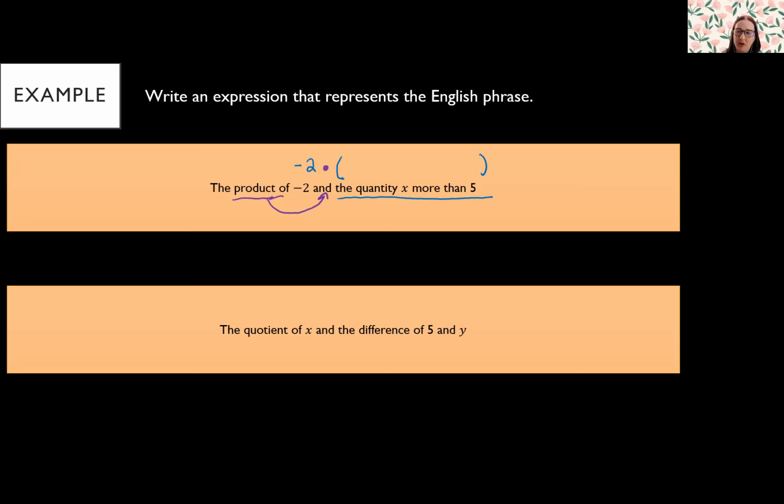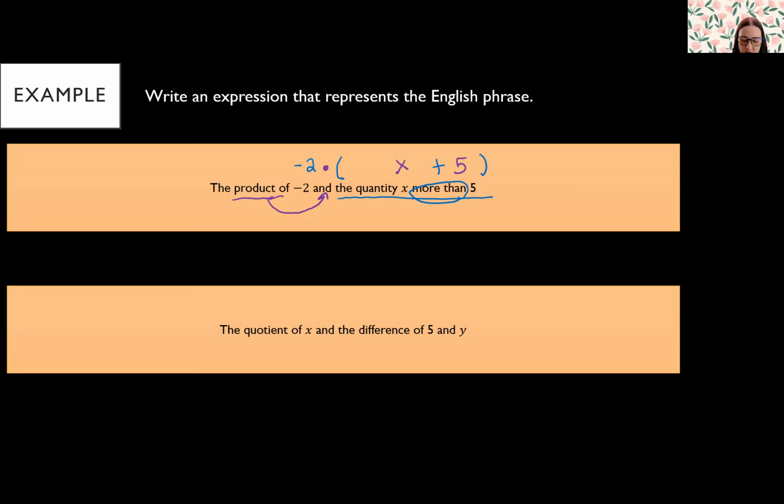So we've already translated the quantity because we've got those parentheses there. And then we've got x more than 5. More than gets translated as a plus sign, so we've got x on the left and then 5 on the right.